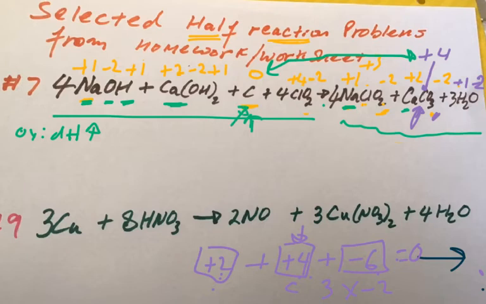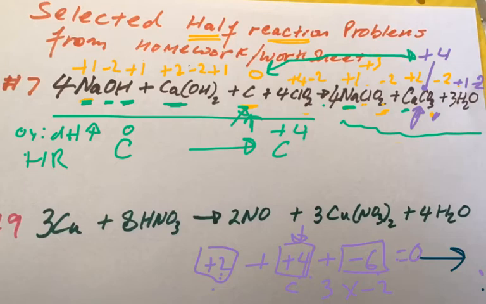So in terms of your oxidation half reaction, you write C down, you write your arrow, and you put C +4, the oxidation state on the product side. Notice I don't have any other elements, people, because all the other guys that we talked about, the Na, the O's, all those guys, they're spectator ions in this case.